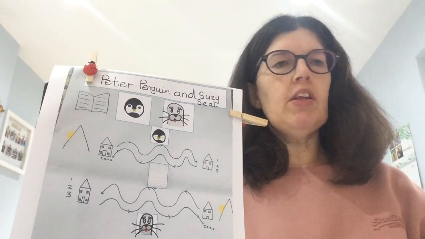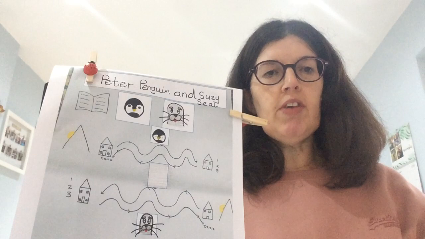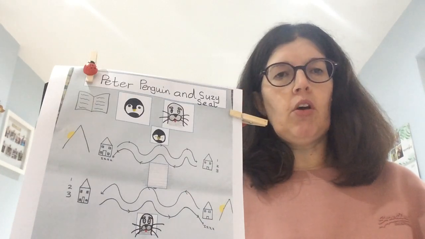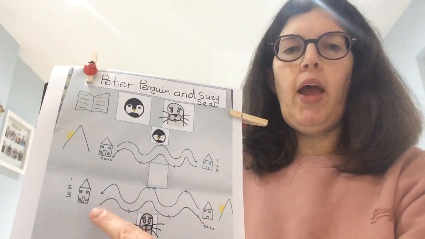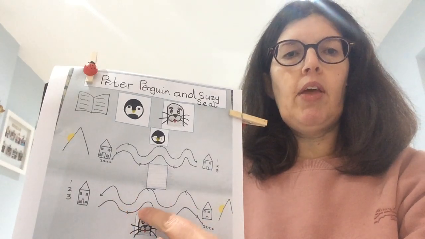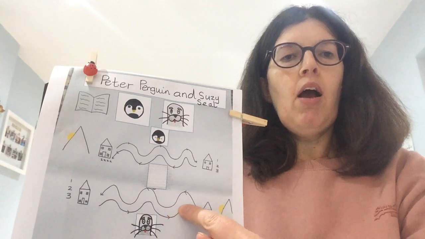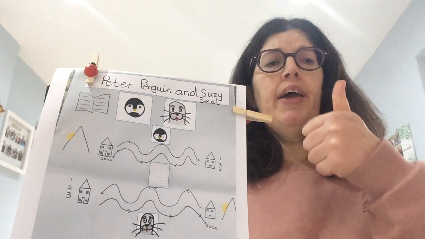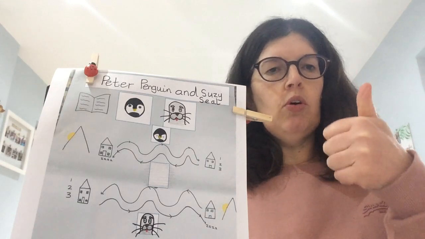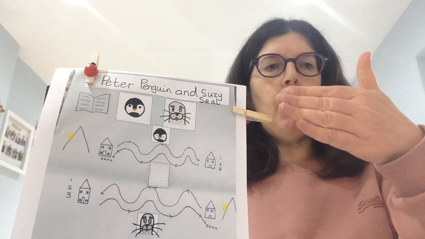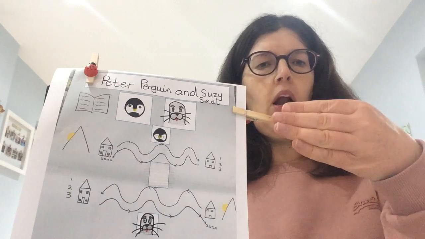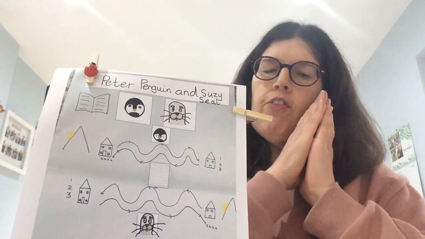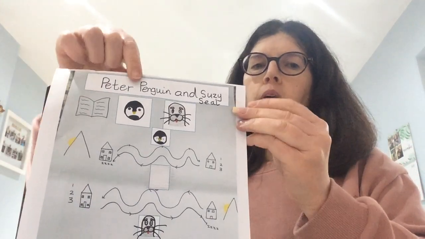But Peter Penguin didn't answer, so she knocked on the door again. But Peter Penguin still didn't answer, so Susie Seal went up the hill and down the hill, all the way home, where she opened up the door, popped inside and closed the door. And she fell fast asleep.